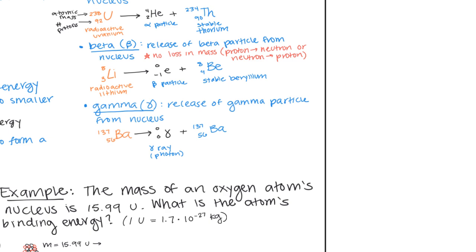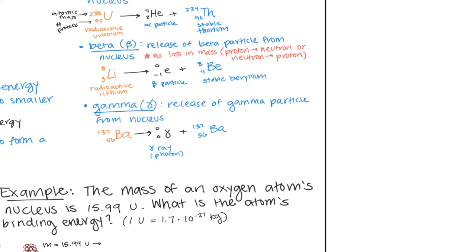And as a result of losing its negative charge, it's going to gain a little bit more positively charged subatomic particles. So it goes from 3 protons, it loses some negative charge, and it results in it having 4 protons. So when it has 4 protons, it now becomes a new atom. It is now beryllium instead of lithium. But beryllium with 4 protons and 4 neutrons is a very stable atom.